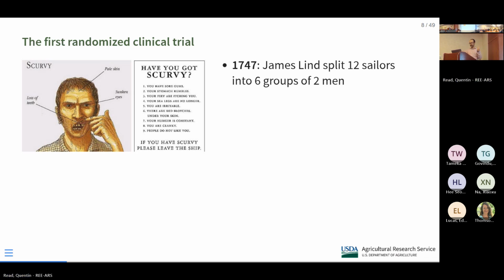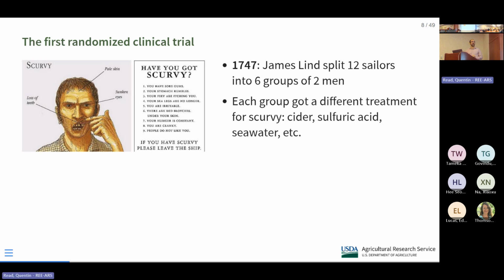Well, this doctor named James Lind took 12 sailors and divided them up into groups of 2, and each group got a different treatment for scurvy. Two of the men were given cider, 2 of the men were given sulfuric acid. Hopefully that was, I don't know how much they were given, but some had to drink seawater and things like that.